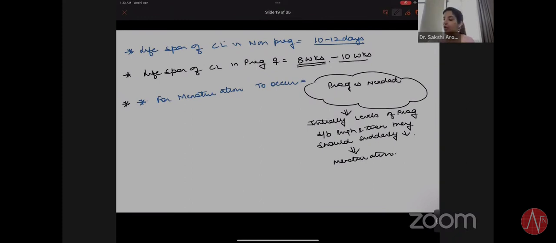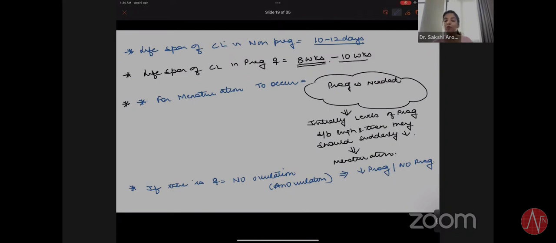right? Next important point is, if there is a female in which there is no ovulation, no ovulation means anovulation, in such females there will be decreased progesterone or no progesterone.